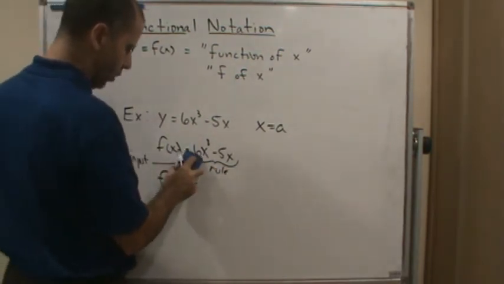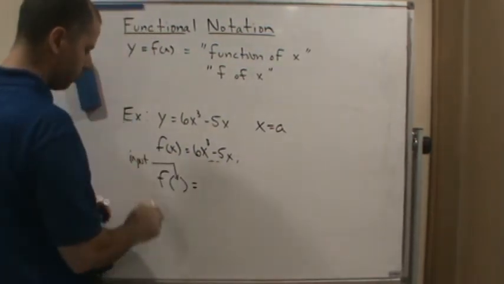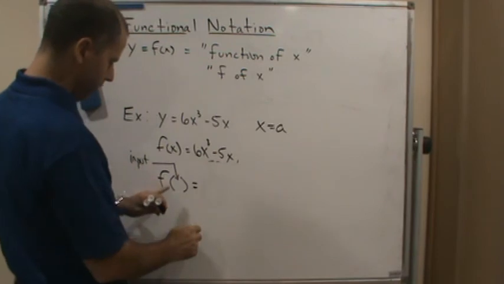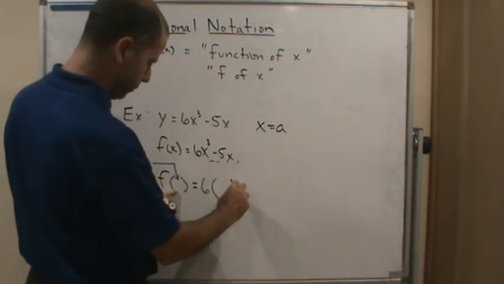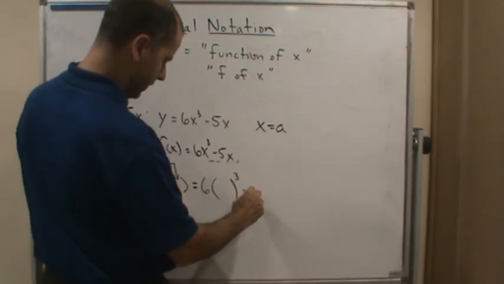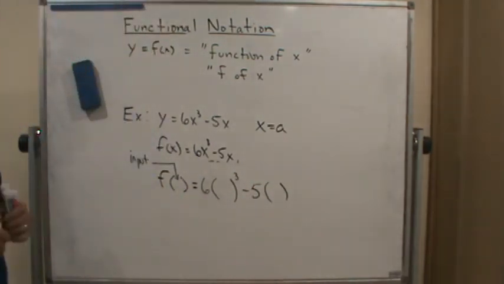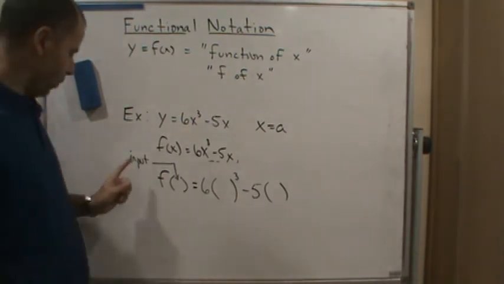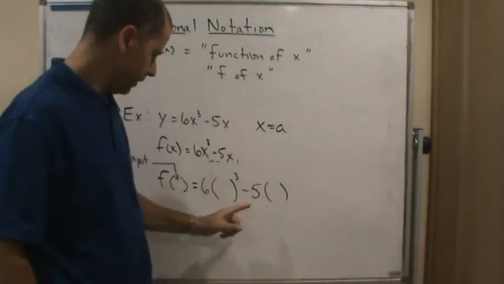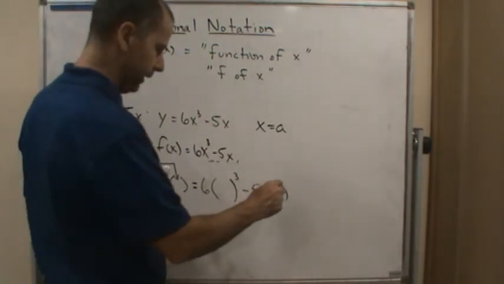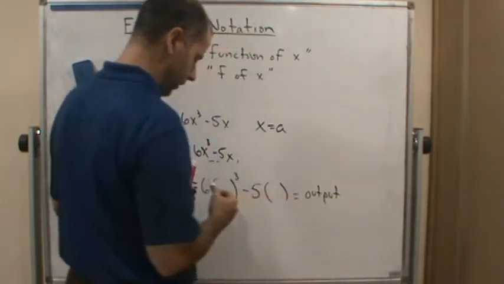For the input, whatever goes in here, I have to put in place of x. So I'm going to put parentheses wherever there's an x. Now you can hopefully better see what we're doing here. Whatever goes in here also has to go in here and here. And then we get the output, the answer.